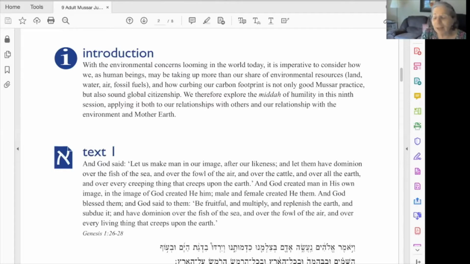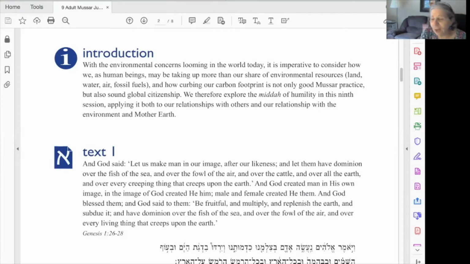As we look at the world around us today, with so many environmental concerns that we're dealing with, we need to know how we take up too much space or need to take up more space. How are we dealing with land, water, air, fossil fuels, and how do we minimize our carbon footprint?